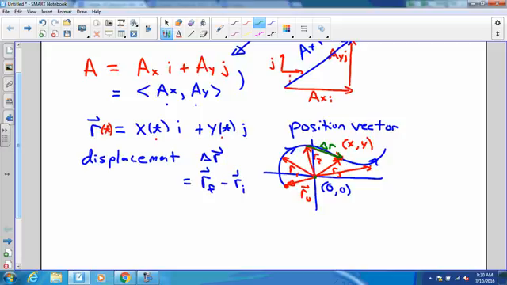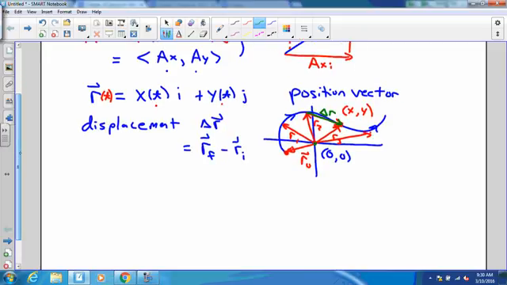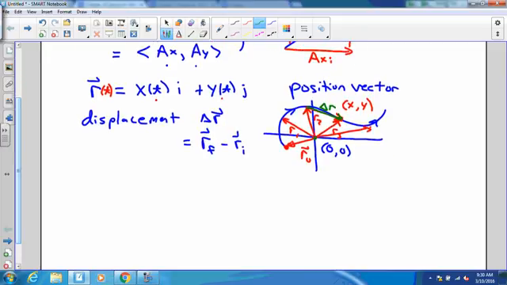So notice that what delta R is really doing is it is tracing out a path that goes straight across rather than along the curve. So we would consider that displacement to be the total change in position as we go from R initial to R final.